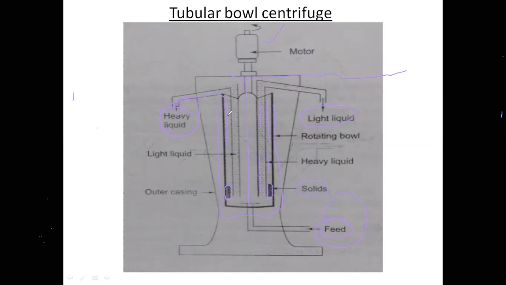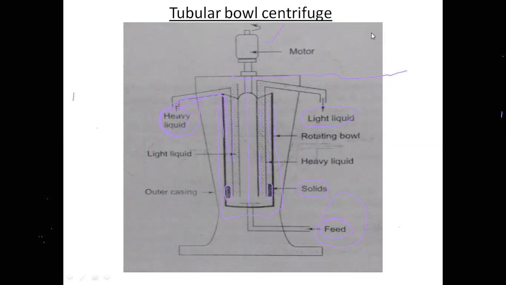So because of that, the place of the collection is also different. The heavy liquid is thrown towards the walls of the cylinder. At the center, we can collect the light liquid. So this is the main operation, the process of this tubular bowl.